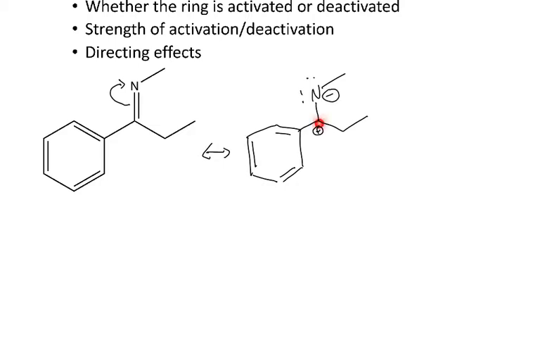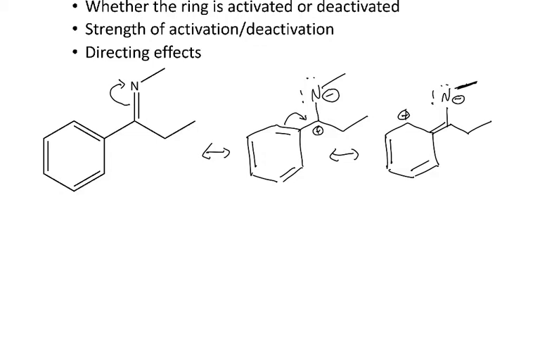And now, with this positive charge on this carbon, I have an allylic carbocation, and so then I can draw this resonance structure.